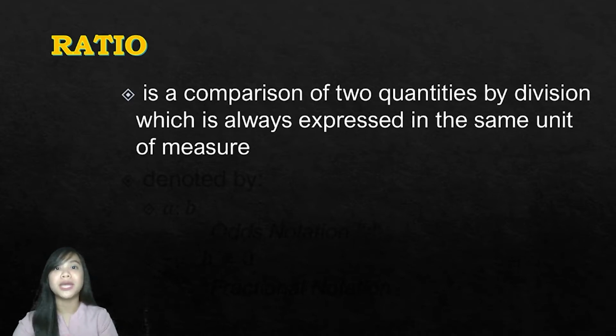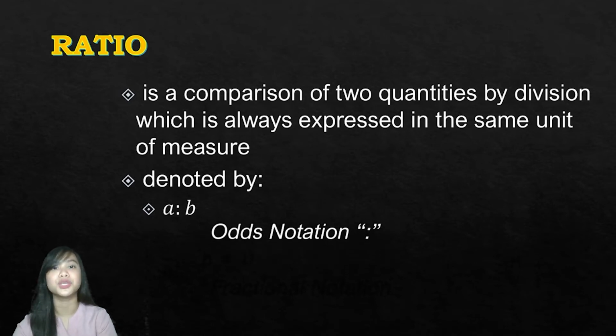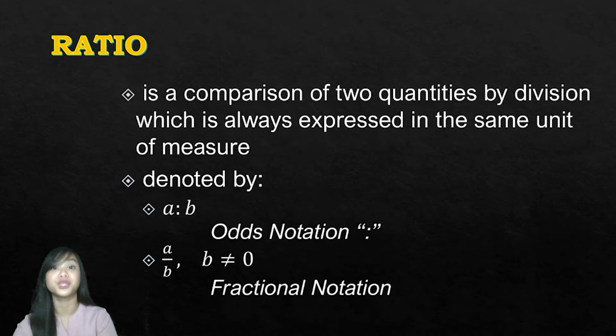The ratio can be denoted in two forms. First, A is to B, where the symbol is a colon. This notation is called colon notation, and it is read as A is to B. Next, we have A over B, which can also be read as A is to B, but it is in fractional notation.